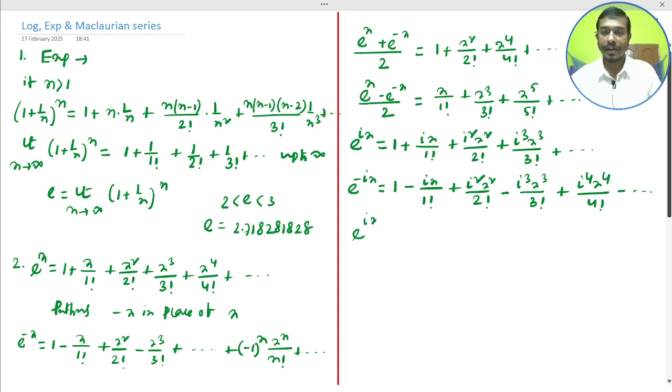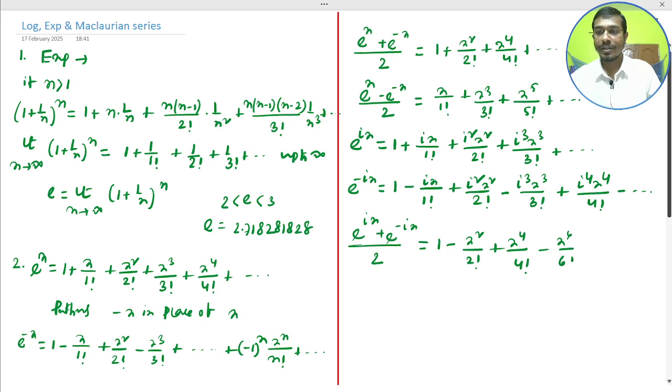Next, e to the power ix plus e to the power minus ix divided by 2 would become 1 minus x square by 2 factorial plus x to the power 4 by 4 factorial minus x to the power 6 by 6 factorial plus dot dot.